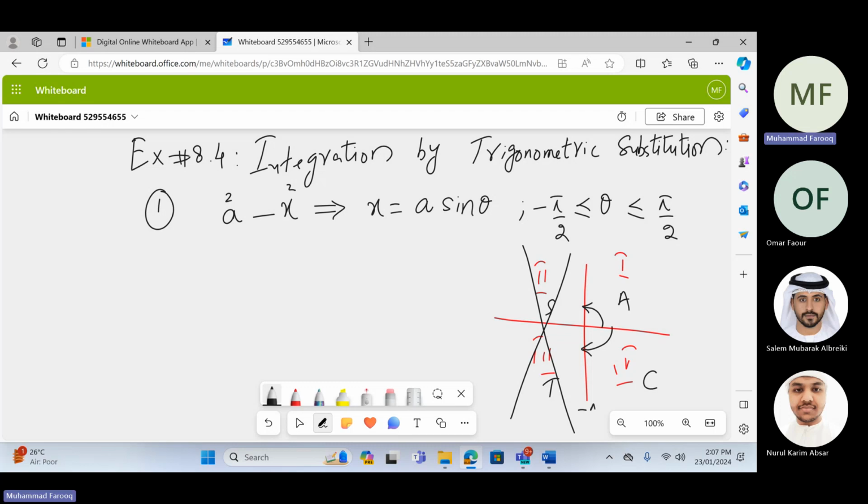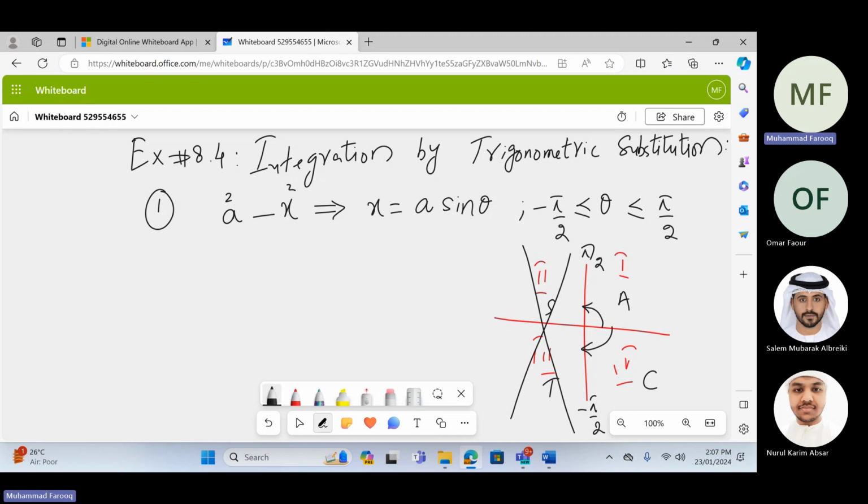So if your substitution is sine theta, please check the behavior of the function in the first and fourth quadrants.